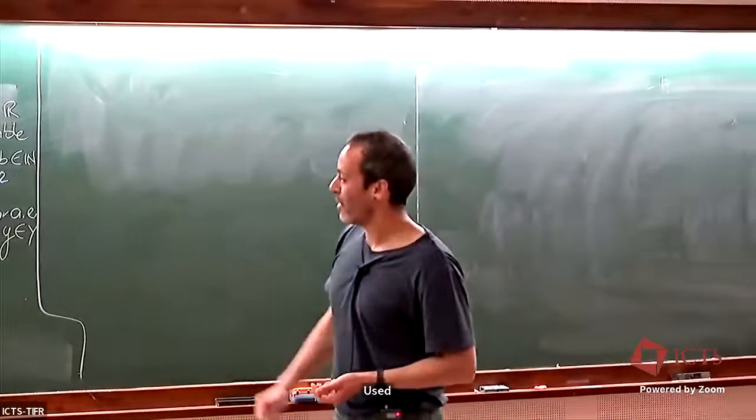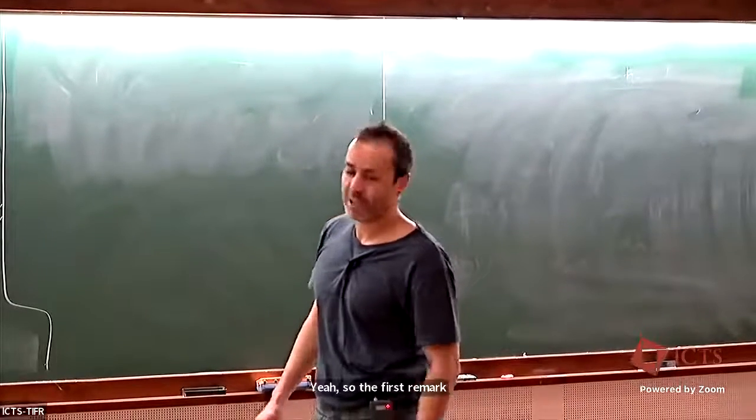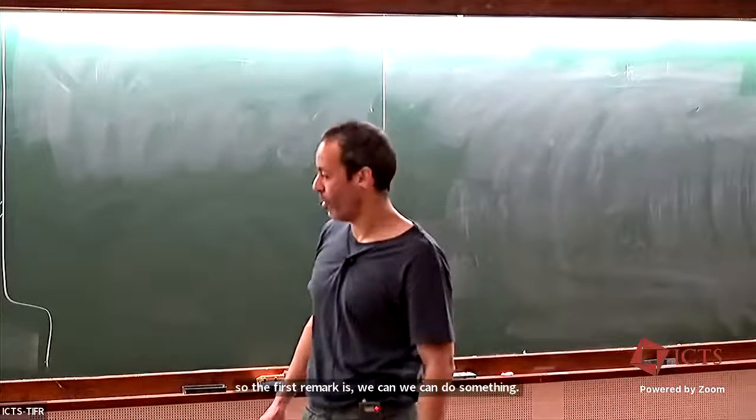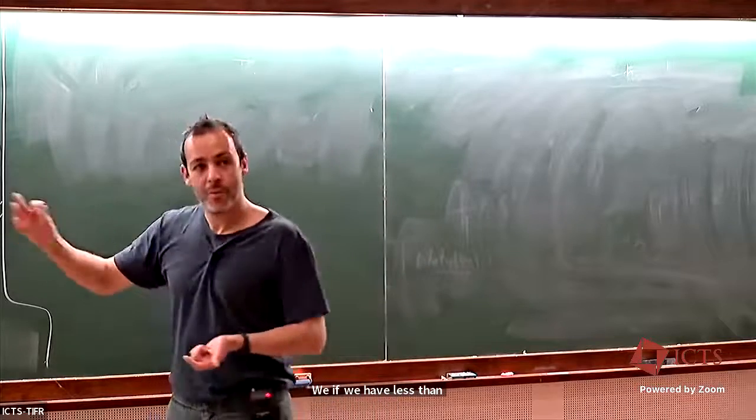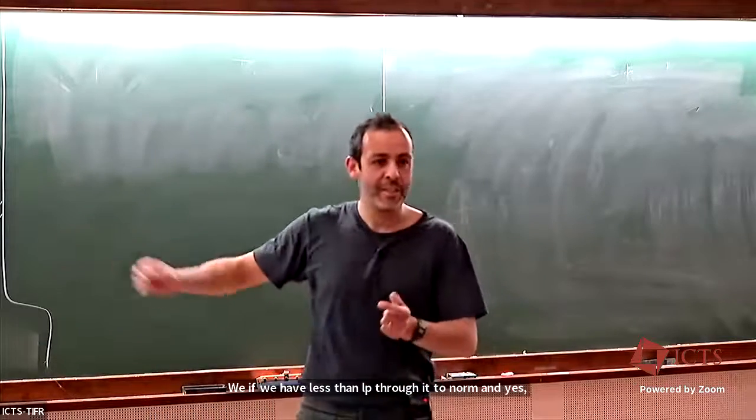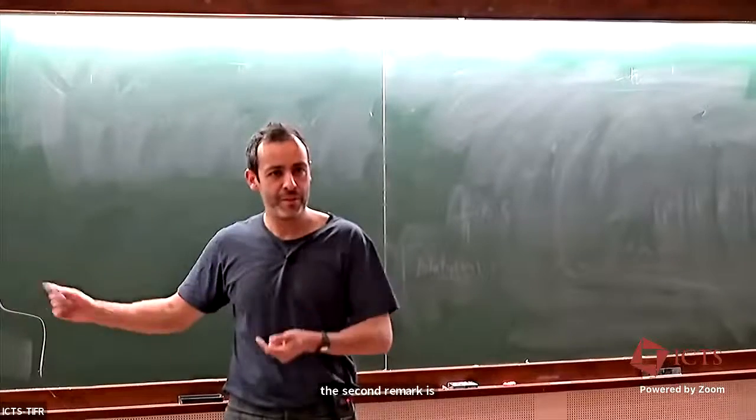Yeah, so the first remark is we can do something if we have less than L2 norm. And the second remark is this is my paper. It's a slight modification of the argument.